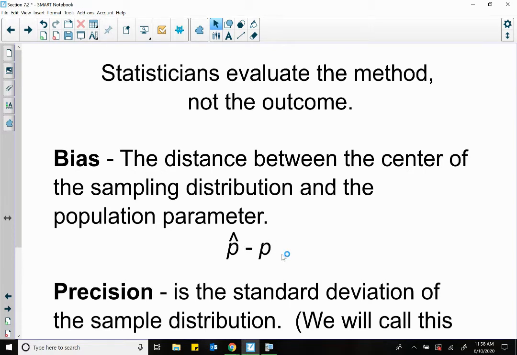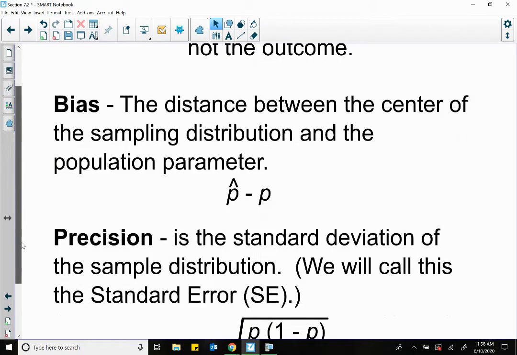We want to know how far away we are from our population parameter. In most cases, we're dealing with the proportion. How far is our sample proportion from the population proportion?